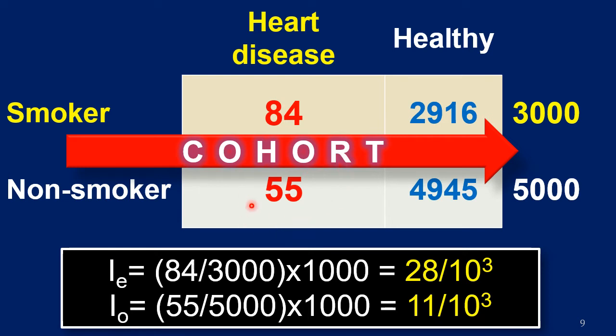And the incidence of disease among non-smokers will be the non-smokers cases, 55, divided by the total, I mean C divided by C plus D, multiplied by a constant. We have selected 1,000. The answer is 11 per thousand. Please remember those two numbers.